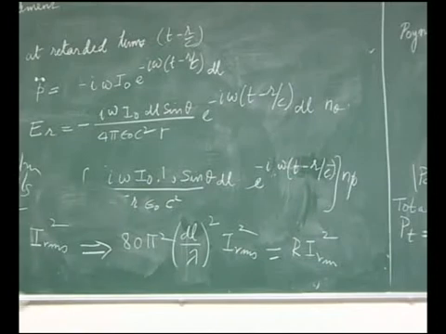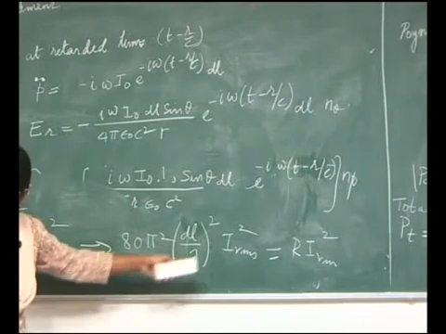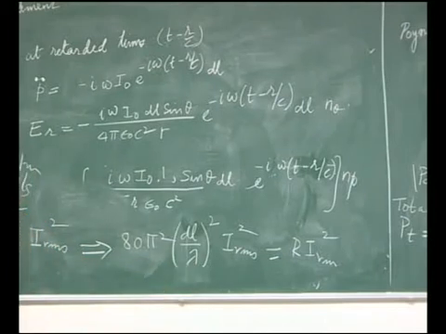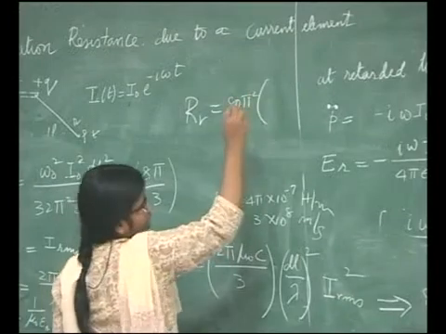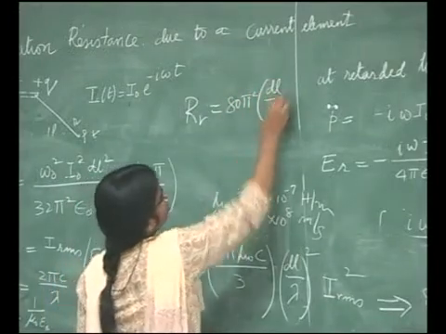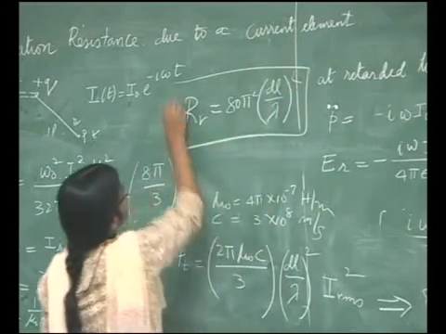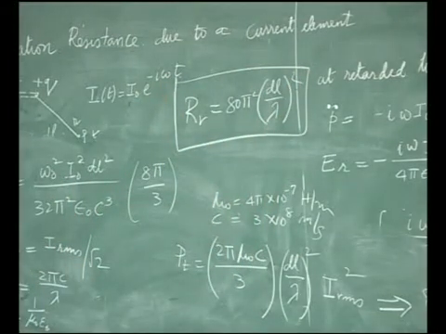If I compare these two equations, then the radiation resistance of this current carrying element, RR is equal to 80 pi square (dl by lambda) whole square. This is the radiation resistance of an antenna which is dl length long and is carrying a current I.